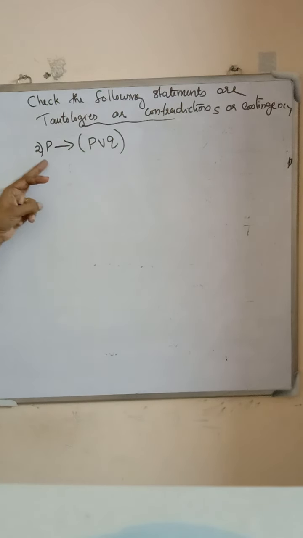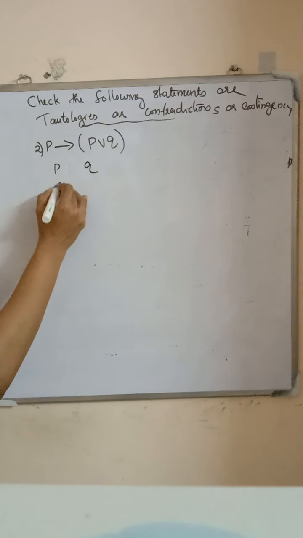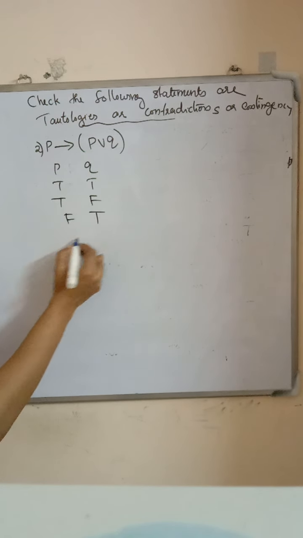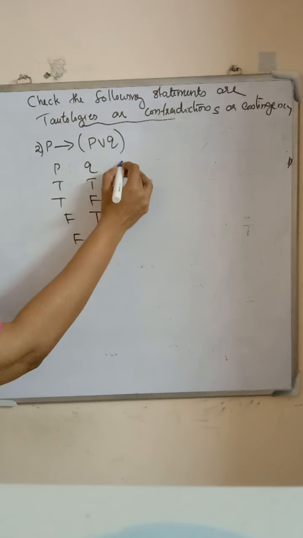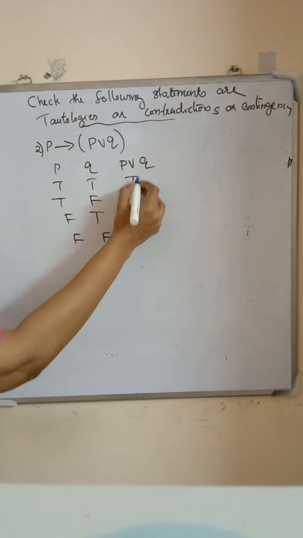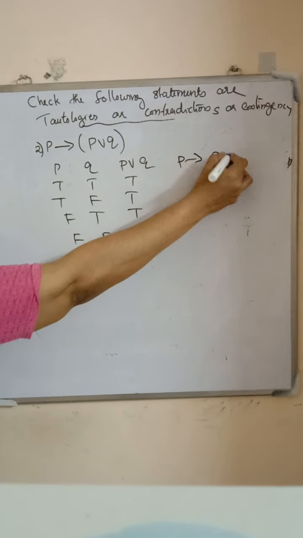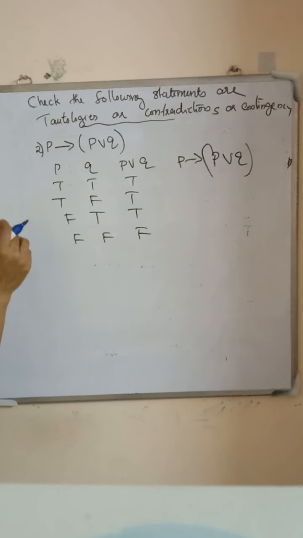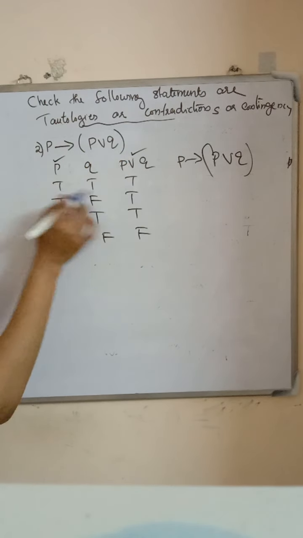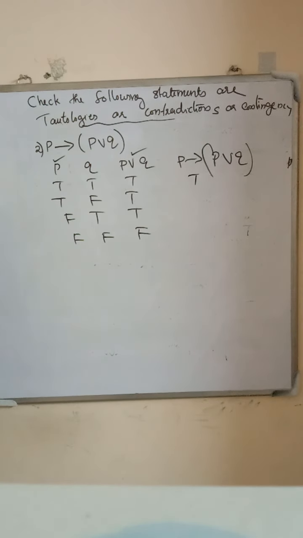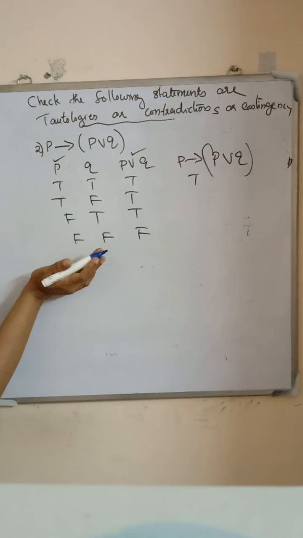Consider another question: P conditional P or Q. P, Q: both are true; first one true, second false; first false, second true; both false. What is P or Q? True, true, true and false. Consider the columns P and P or Q. The conditional statement is false only when the first statement is true and the second statement is false.